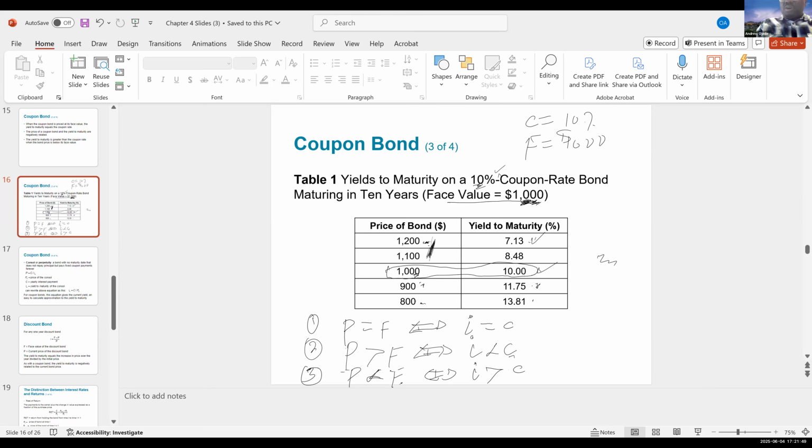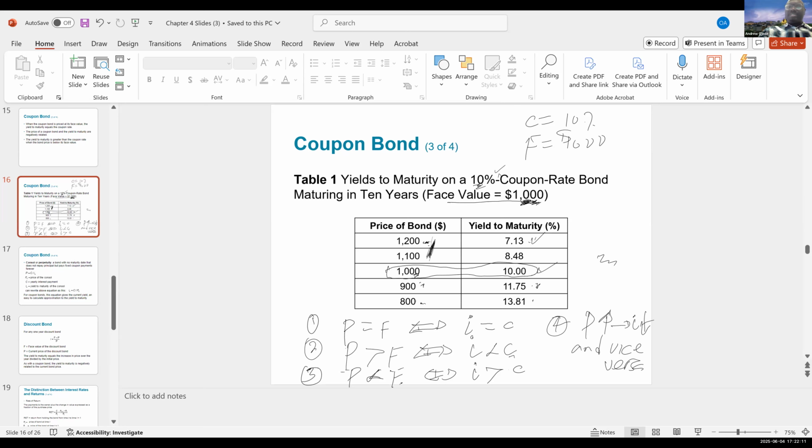And then the last observation that we can see from this table that we also talked about is that when the price of the bond increases, the interest rate on the bond decreases, and vice versa. In other words, the bond price and bond interest rate are jointly determined, but they're inversely correlated.